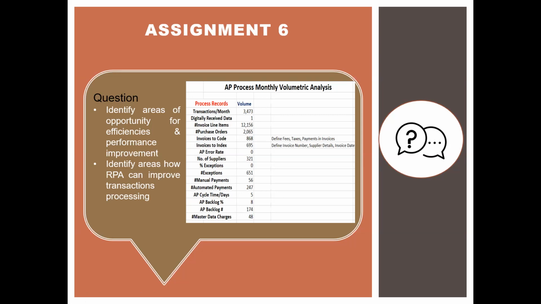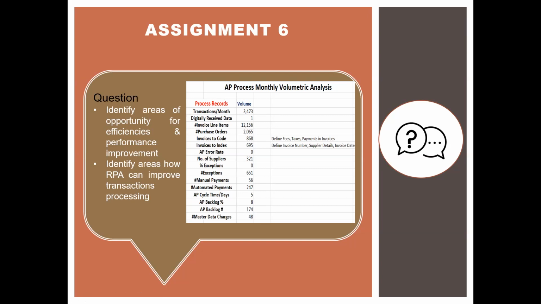What I want is to identify areas of opportunities for efficiency and performance improvement. So if these are the volumetric analysis of my manual work, can you identify the areas which are compromising my efficiency and performance since I'm doing it manually? That means if I bring automation into any of these process details, my process efficiency and performance will increase.